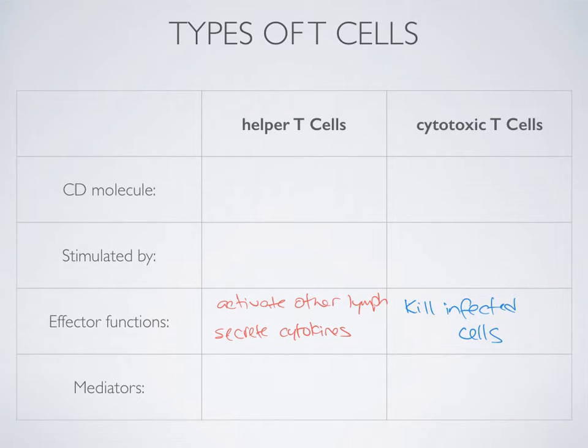And those T helpers can differentiate from the beginning into these different types of T helper cells. And those T helper cells will only be activated in certain situations, and then they will secrete specific cytokines. So that's the long answer, but yes, ultimately they secrete different cytokines depending on different stimuli in order to do different things and talk to different parts of the immune system.